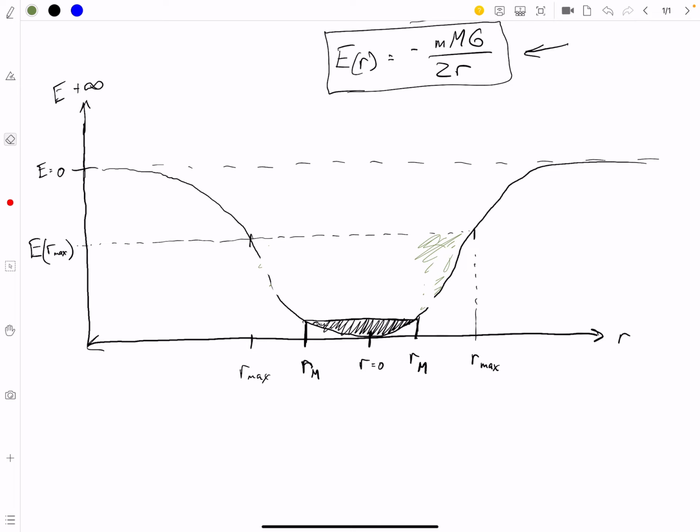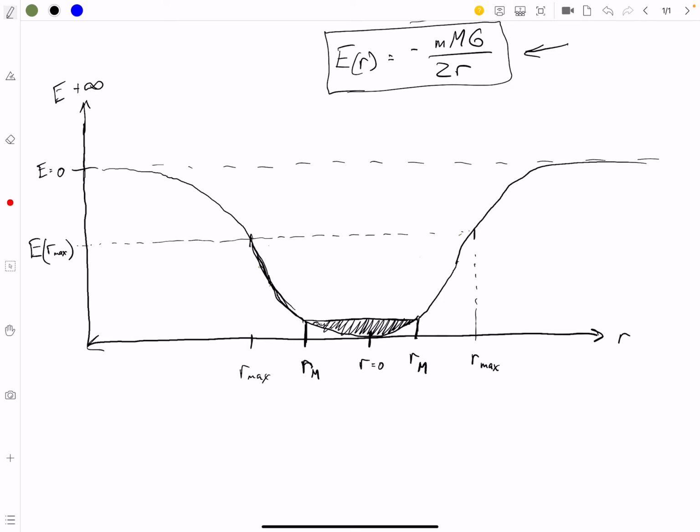That's misleading. We have this region that we're okay traveling in, back and forth along this path.